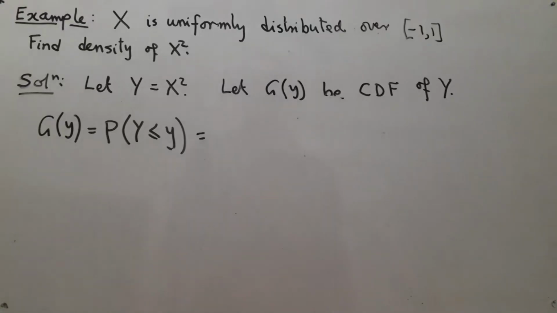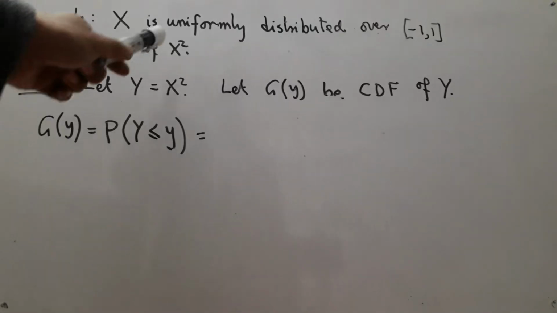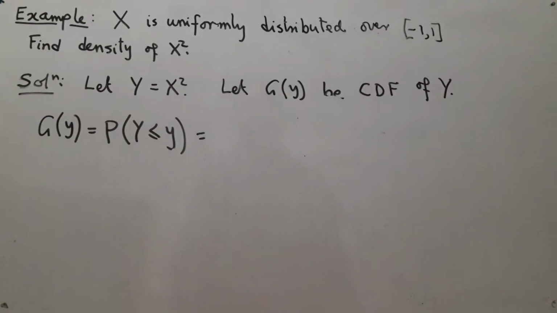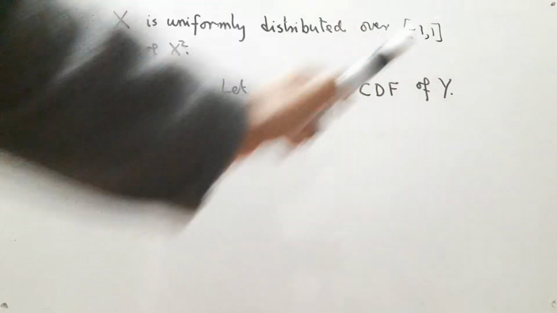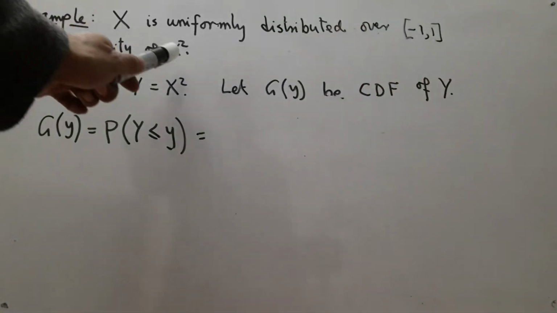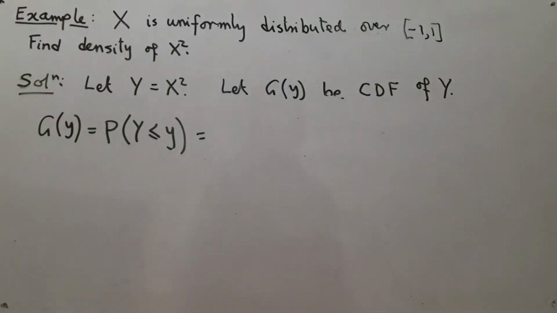The last example was very typical where we worked with a monotone transform. Now sometimes the CDF method can also handle non-monotonic transforms like this. Very similar to the last problem, except that now I am working with -1 to 1, but still my transforming function is x squared, which is not monotone over this interval.